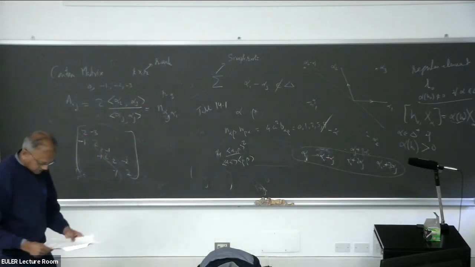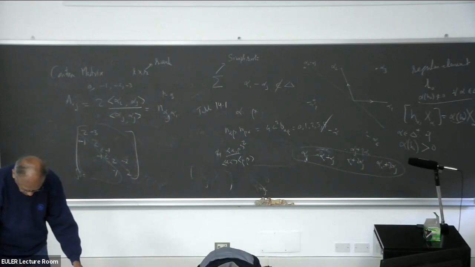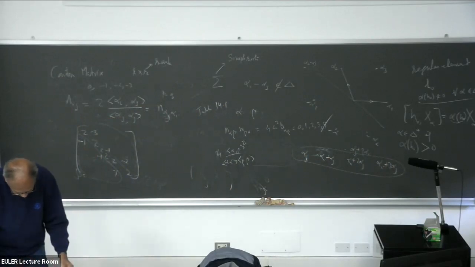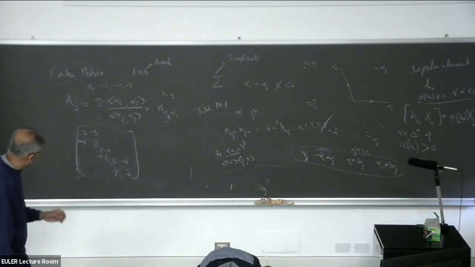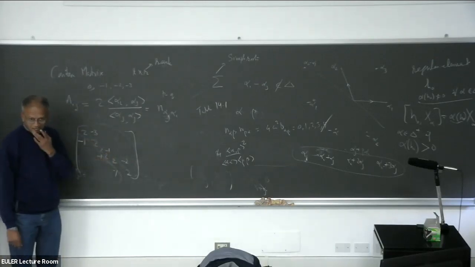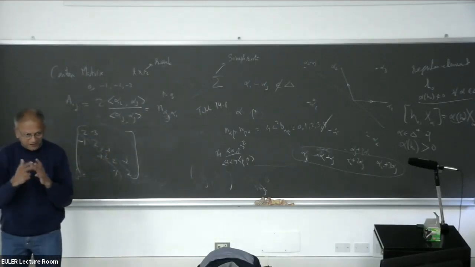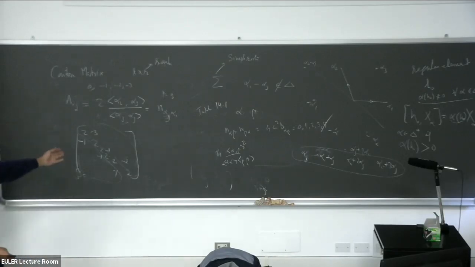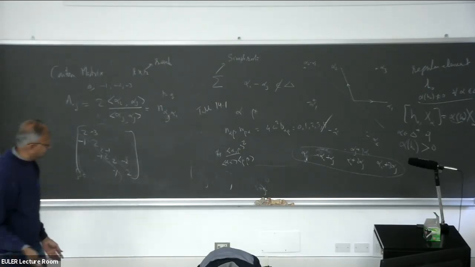Now I will take some simple examples. Looking at this matrix does not give you much; you like to see a picture. When you see a picture, it's much easier to remember. When you look at these numbers, random numbers, it doesn't tell you much.